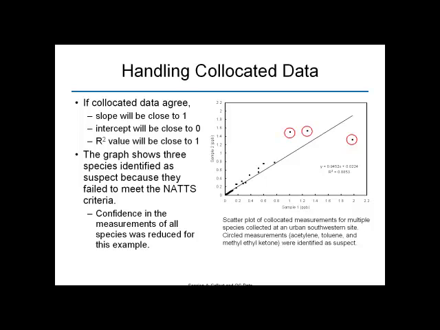In this particular example, the slope is relatively close to 1. It's within 0.5, and the R squared is a little bit below 0.9, which indicates that there's some imprecision in the individual samples. But really, that R squared is driven by those 3 outliers at the top. And so, overall, your confidence in your measurements is going to be somewhat reduced if you see something like this in your co-located samples.